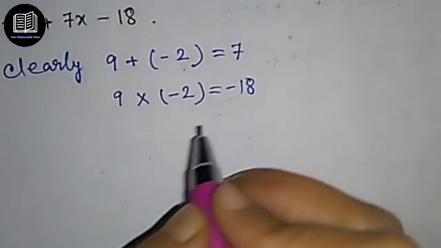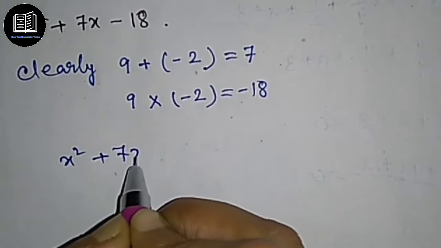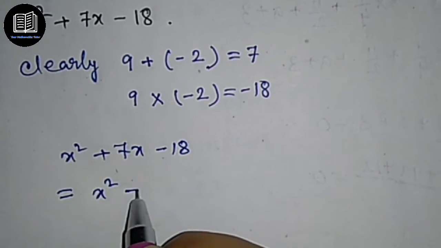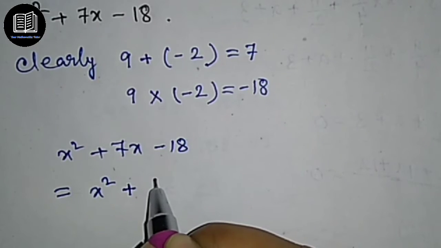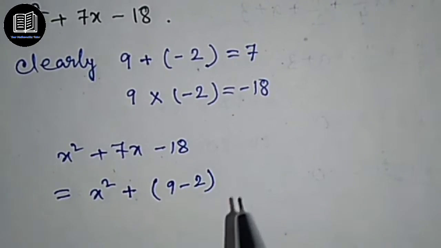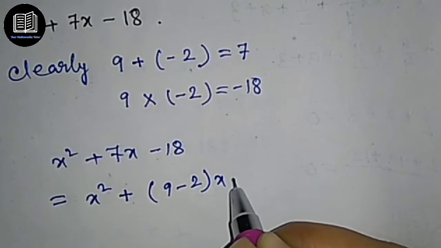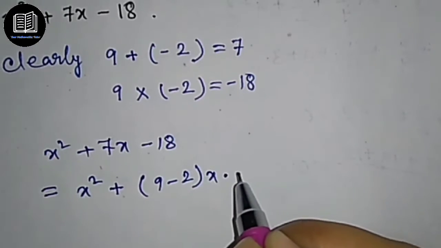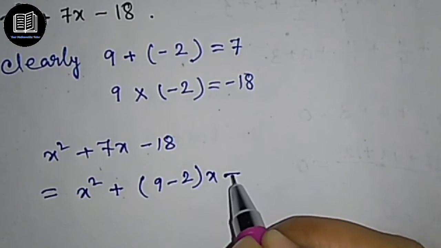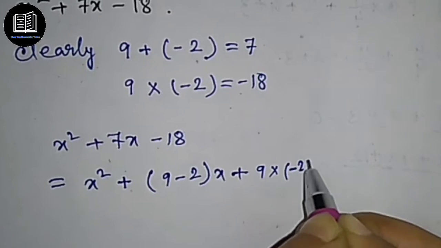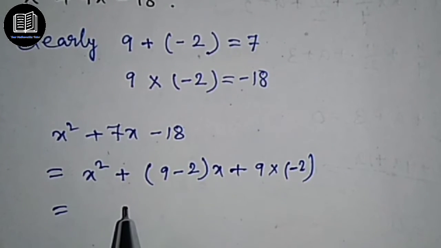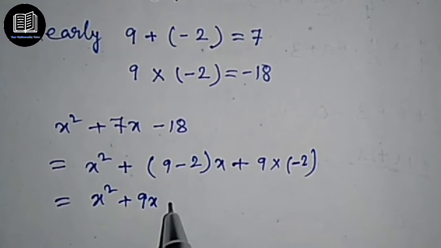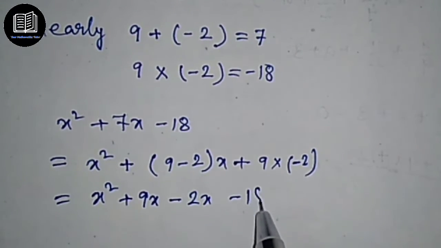So, x square plus 7x minus 18 equals x square. In the place of 7, we can write 9 minus 2. And in the place of minus 18, we can write 9 into minus 2. x square plus 9x minus 2x minus 18.